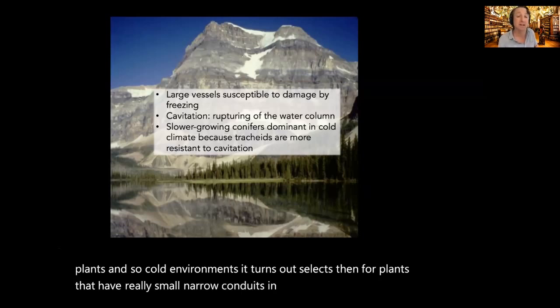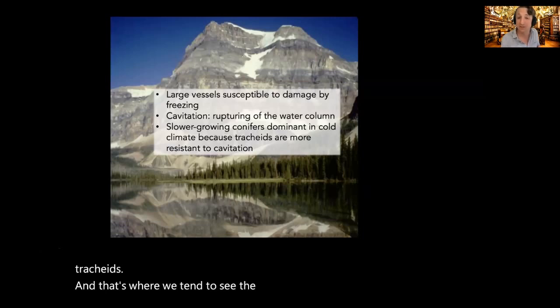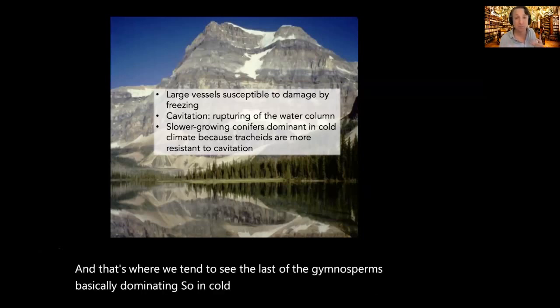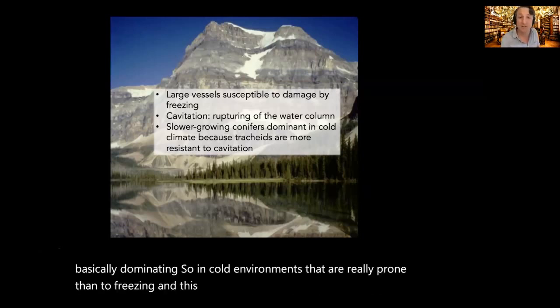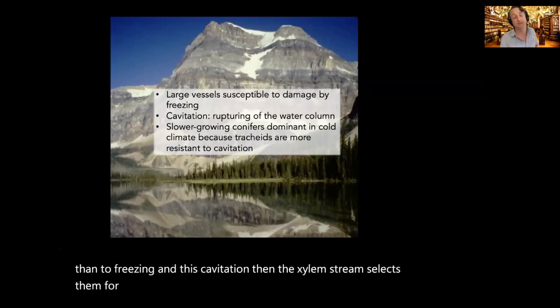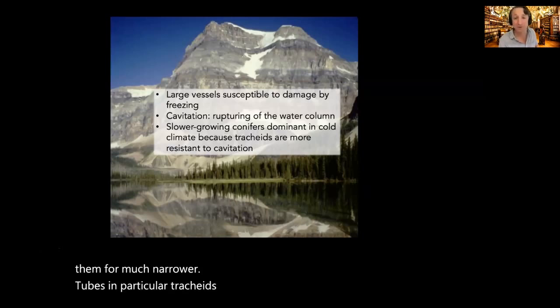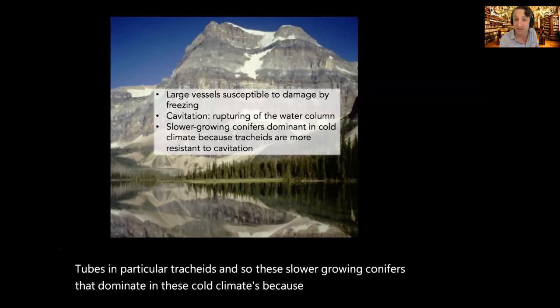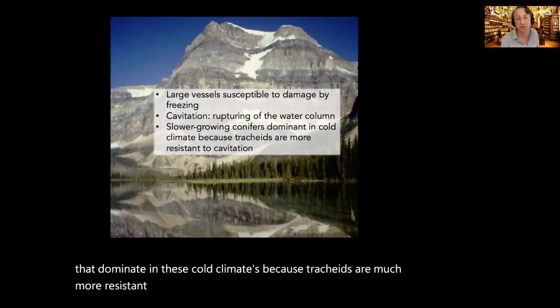And that's where we tend to see the last of the gymnosperms basically dominating. So in cold environments that are really prone to freezing, this cavitation of the xylem stream selects for much narrower tubes, in particular tracheids. And so these slower growing conifers dominate in these cold climates because tracheids are much more resistant to this freezing cavitation. Okay. All right, so interesting.